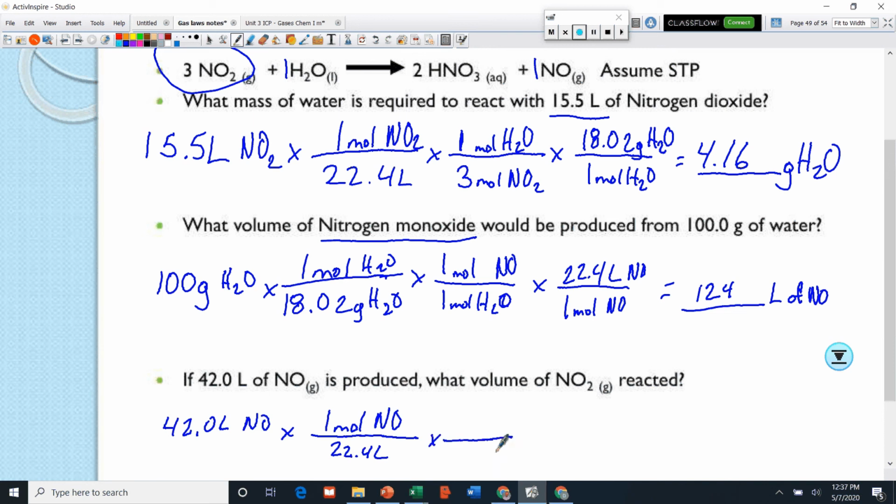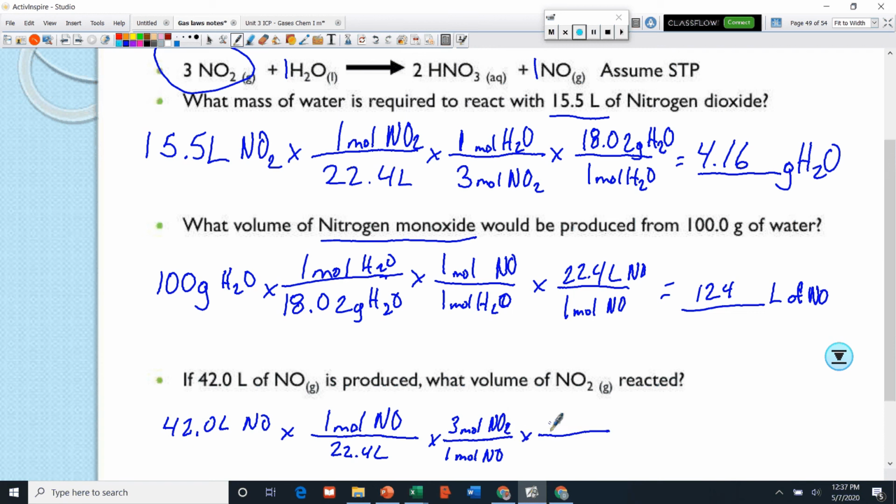And then we have to look at the mole ratio. So there's 1 mole of nitrogen monoxide, excuse me, for 3 moles of NO2.